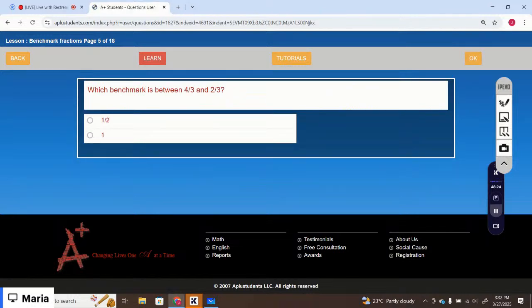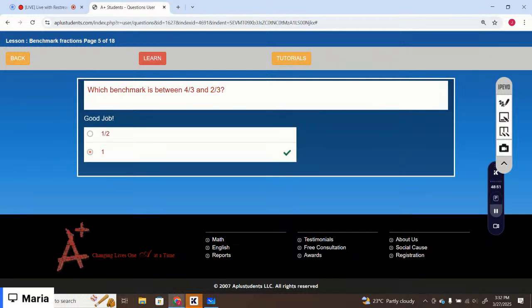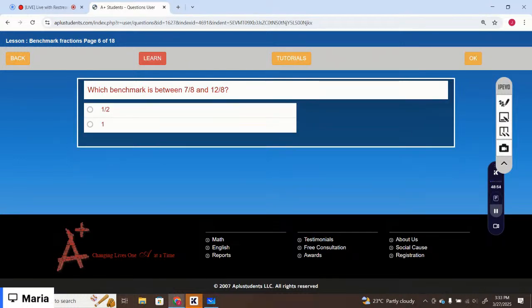Which benchmark is between 4 by 3 and 2 by 3? So the benchmark between 2 by 3 and 4 by 3 is 1. Option number 2 is the correct option. Which is the correct option?